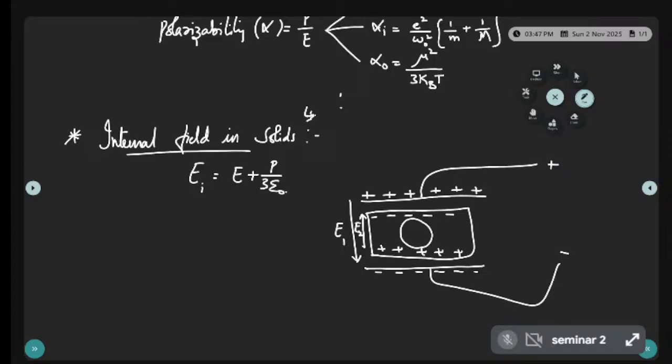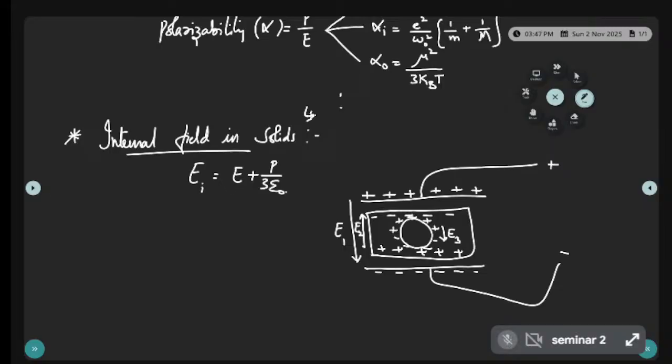One atom I am taking, which is spherical in shape. On the surface of the sphere also, charge is going to be induced. Dipoles are going to be created. Here negative means which charge is going to be induced? Positive. Again from positive to negative, one more field is going to be set up or not? That field I call E3.